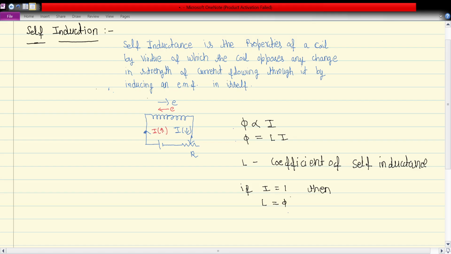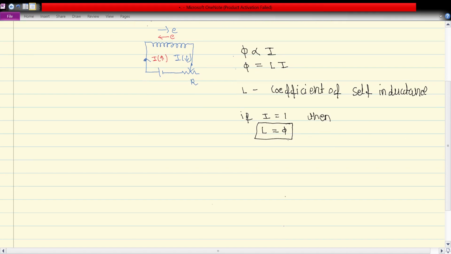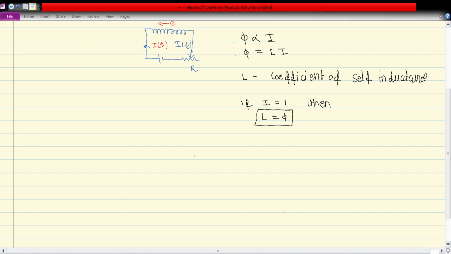Now we write L in terms of induced EMF. Firstly we know induced EMF is equal to minus d phi upon dt, the change in flux with respect to time.